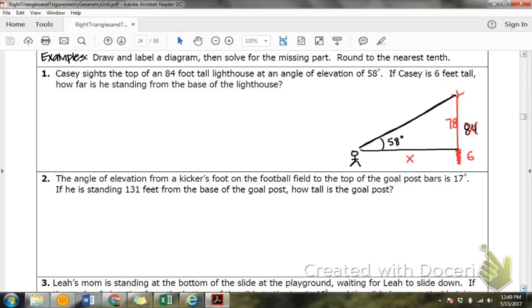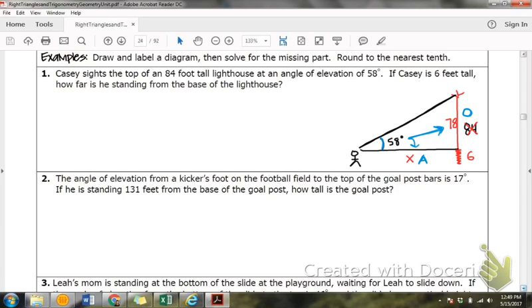Okay, so here is our angle, right here. We have this side and we have this side. So what is 78 in regards to opposite or adjacent? What is 78, Natasha? Opposite. Okay. And then x is going to be the what, Lexi? Adjacent. Okay.